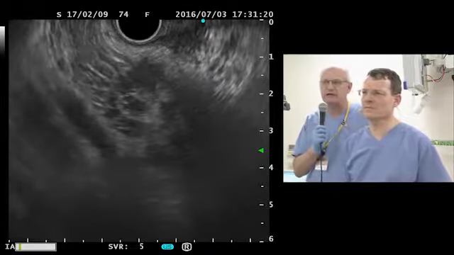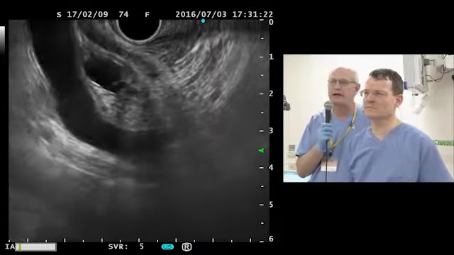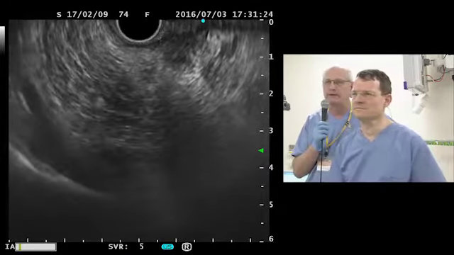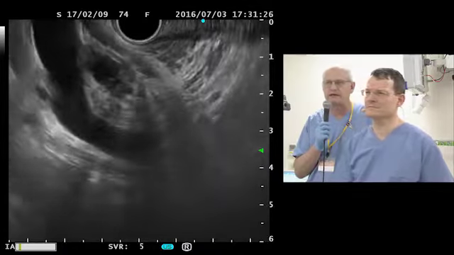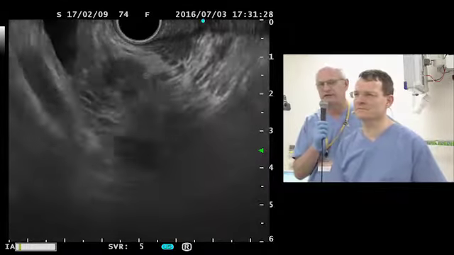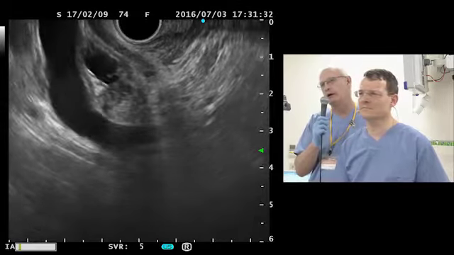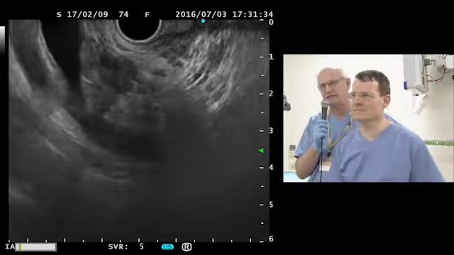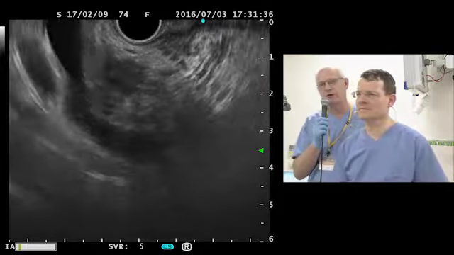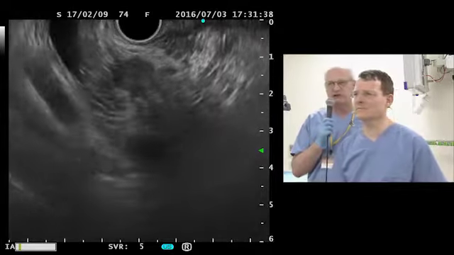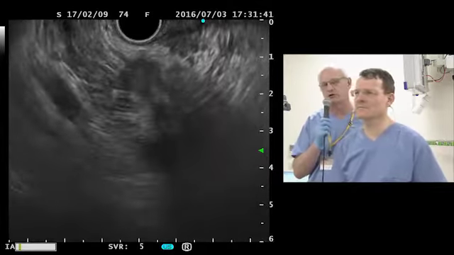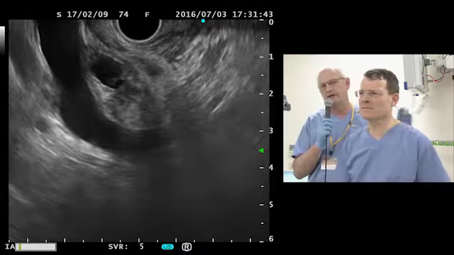I think the second thing to note is that for IPMN, part of the problem is that this may be a field defect, so clearly there is disease in the head of the pancreas. The question is whether there's any high-grade dysplasia or early carcinoma in the other part of the duct.